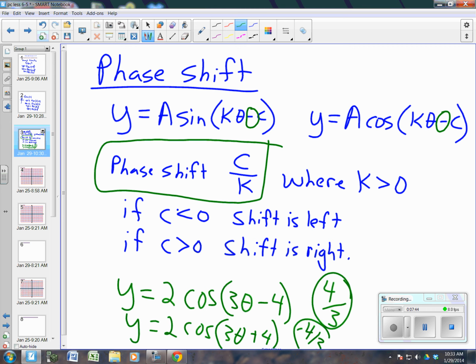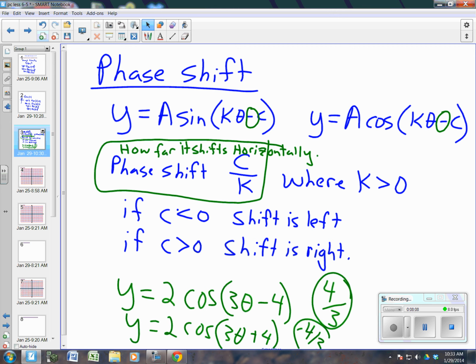And that's going to give you your phase shift. That's how far it's going to shift left or right. Does that make sense? So everybody write down for phase shift: how far it will shift left or right, how far it shifts horizontally. Okay, that is called the phase shift.